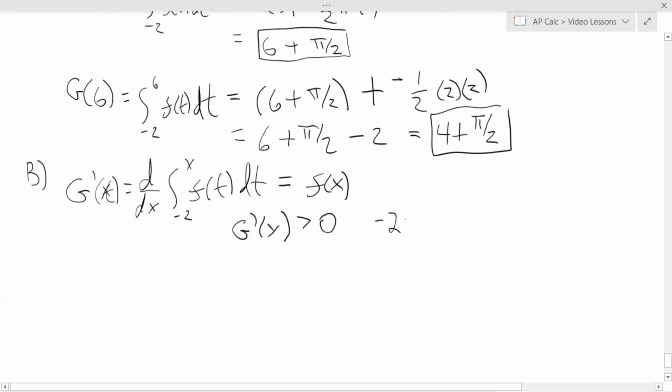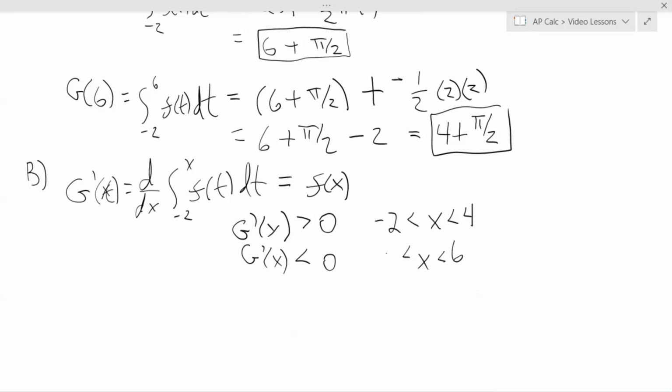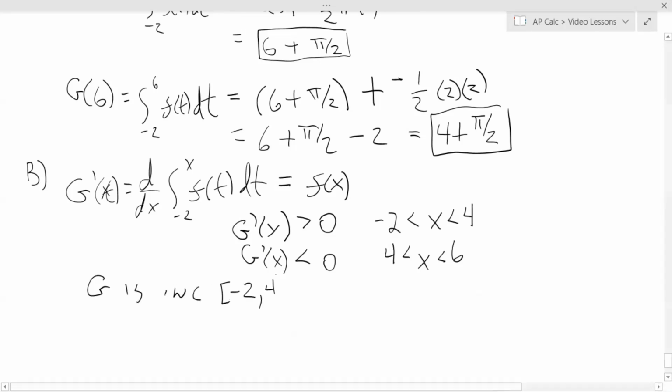So from -2 to 4, and then g prime of x is going to be negative where f is negative, and that's going to be between 4 and 6. So by the increasing/decreasing function test, g is increasing on the interval -2 to 4 and decreasing on the interval 4 to 6. Okay.